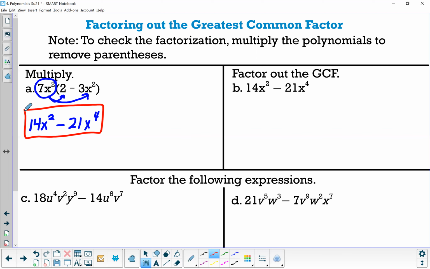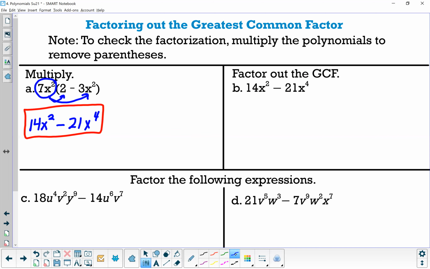A product of factors. So we have here 14x squared minus 21x to the fourth, and the direction says factor out the GCF. So essentially we're undoing the multiplication process, right?